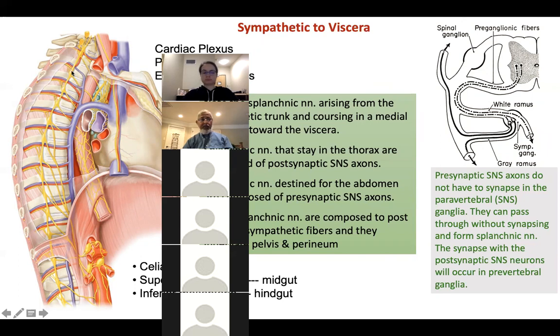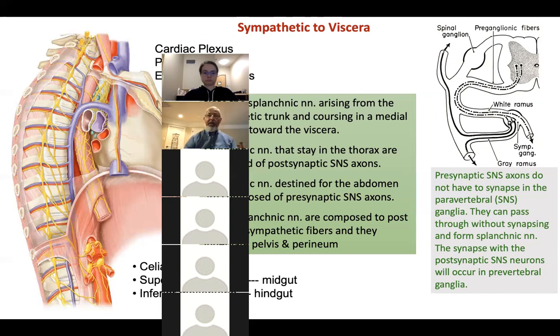These are going to the body wall, on the lateral direction. Some fibers are coming this way, and they form a nerve plexus on the esophagus, and a nerve plexus around the heart and lung, and they provide sympathetic innervation, because those organs need it as well. These are called the splanchnic nerves.